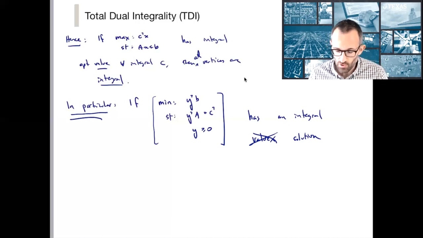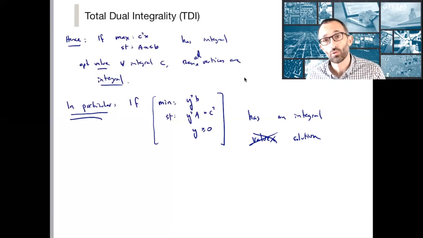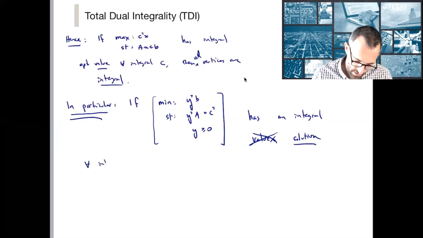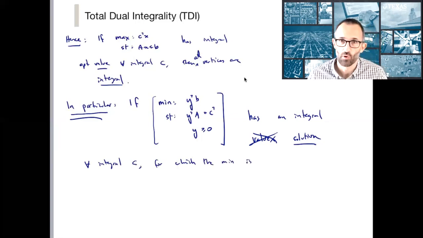It's saying that if the dual has an integral solution, not just integral value, for every integral C for which the min is finite, because we can't rule out a priori that the primal problem is infeasible.